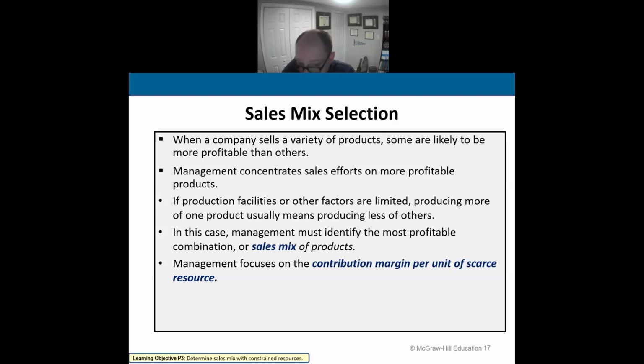This is called a sales mix. A sales mix is a combination of different products that make the most profit. And we focus on this thing called the contribution margin per unit. That contribution margin per unit, added together across all the types of units that we're selling, gives us the total contribution margin.